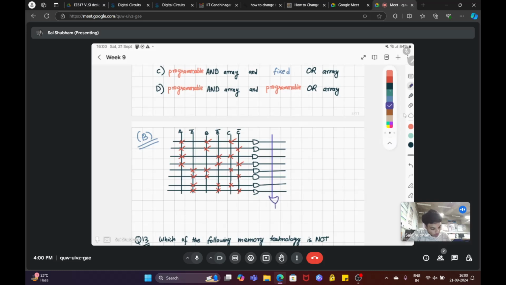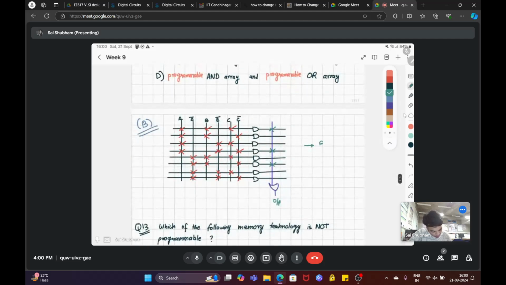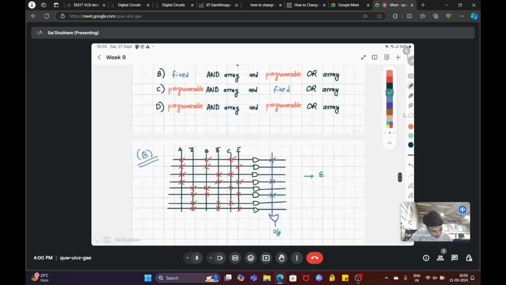Okay. So the program that you, the lines that you select, that you program, will be reflected in the output. So this is your EPROM. This is your programmable PROM. This is your PROM.